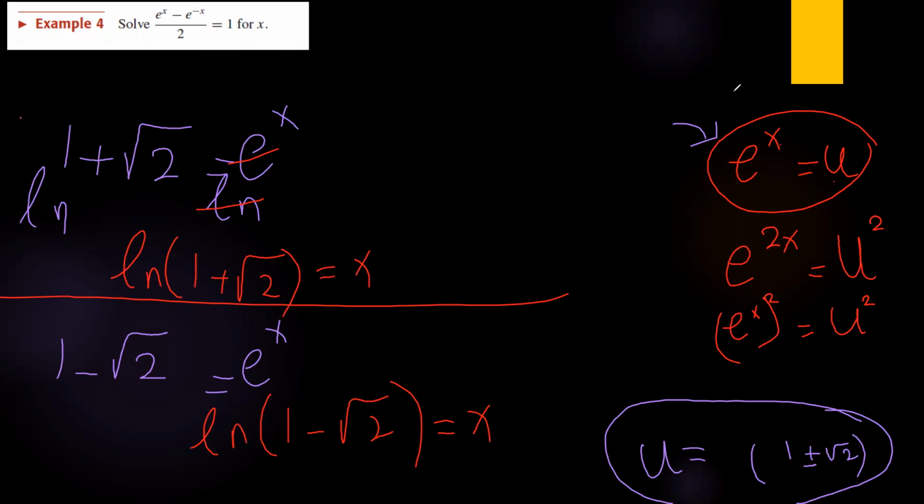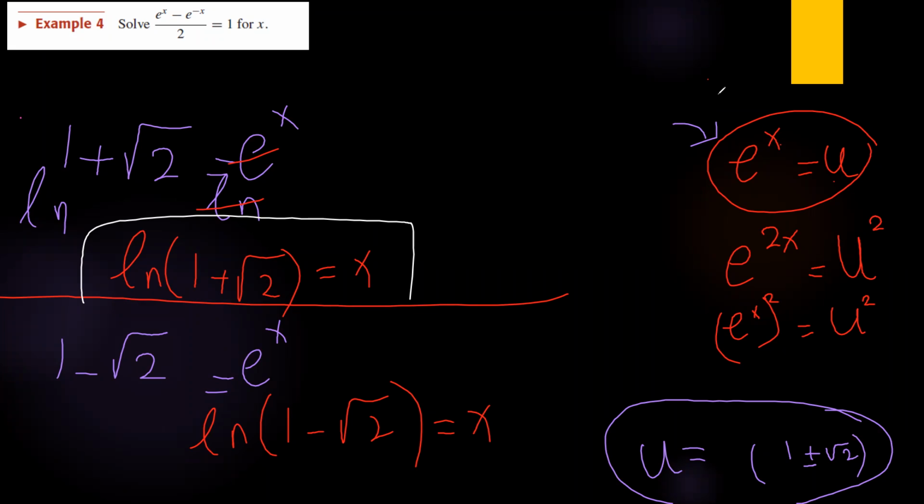So the two values here for x, I don't have the time to check them, but x could be ln of 1 plus square root of 2 or ln of 1 minus square root of 2. Is it clear?